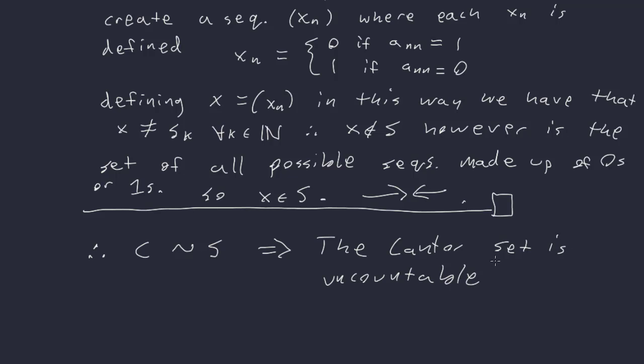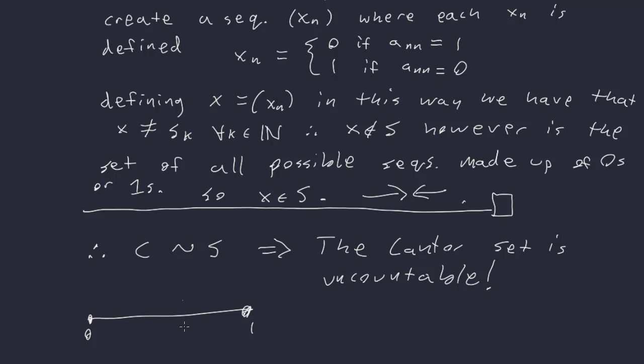Which is a fairly strange result. It's an uncountable set that we would have trouble seeing. I mean, we know that something like all of 0 to 1 is uncountable. That makes sense. That's all the real numbers and all the rationals and irrationals and everything like that.